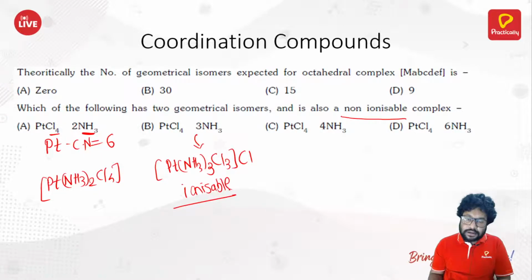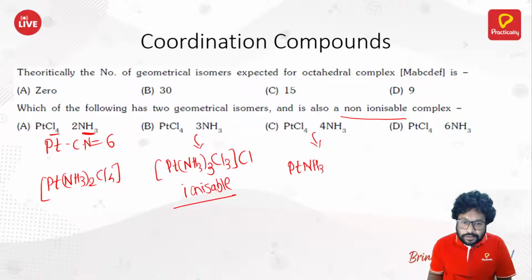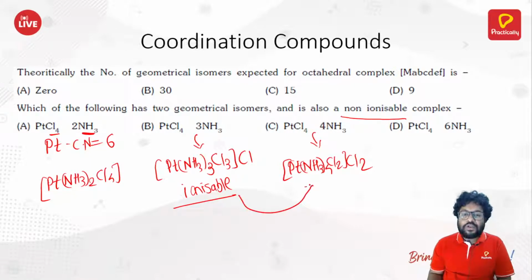It is ionizable, right? Same case here. How many amine ligands are there? 4, right? 4 ligands are there. 2 vacancies are there. 2 vacancies satisfied by Cl2. And other 2 chlorine must be outside. That is also ionizable. As far as this case is concerned, you got all the 6 amines attached to platinum.